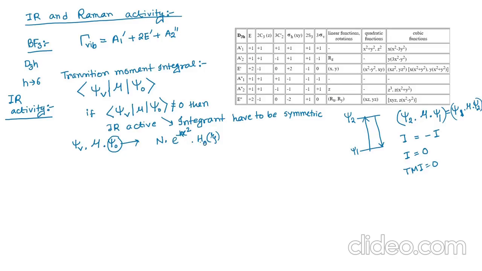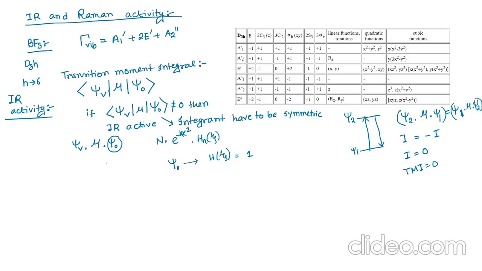For this purpose it was H0, something like this. For a common case, psi 0, this part was symmetric, and H of psi for psi 0 was actually 1.